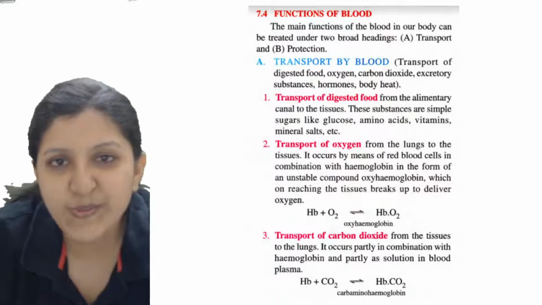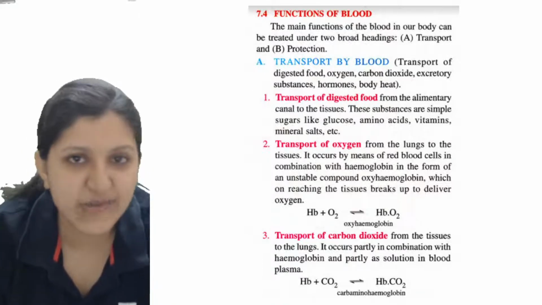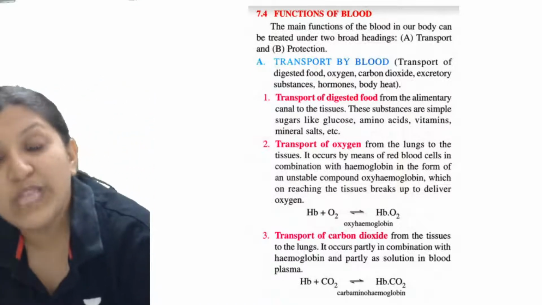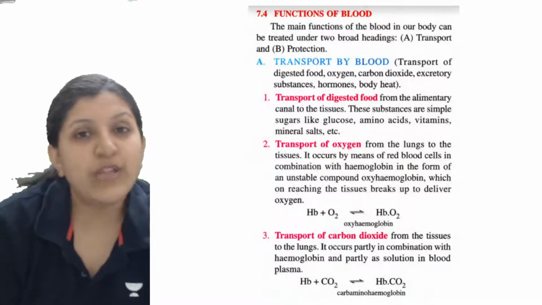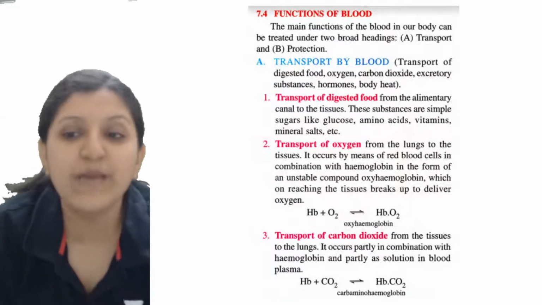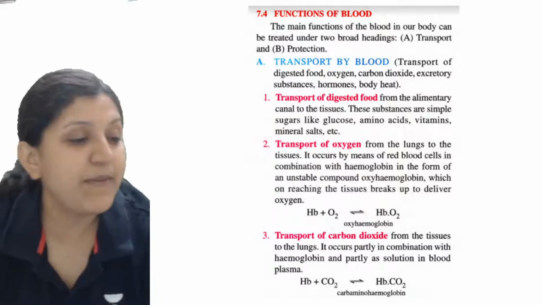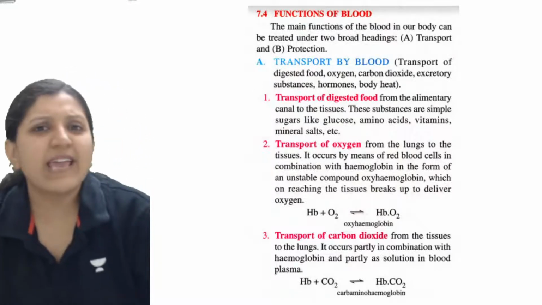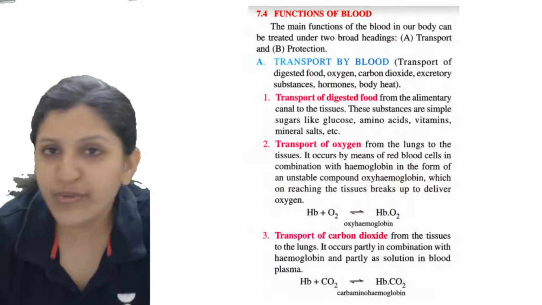So the functions, like the need for transport, there is a topic in your syllabus. So why exactly is this circulatory system required? It is to transport nutrients and transport oxygen. When oxygen combines with hemoglobin, it forms the product oxyhemoglobin. To remove carbon dioxide from the tissue, hemoglobin again forms a bond with the carbon dioxide.